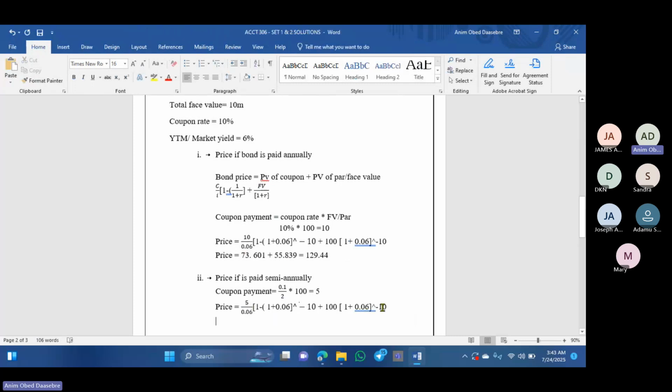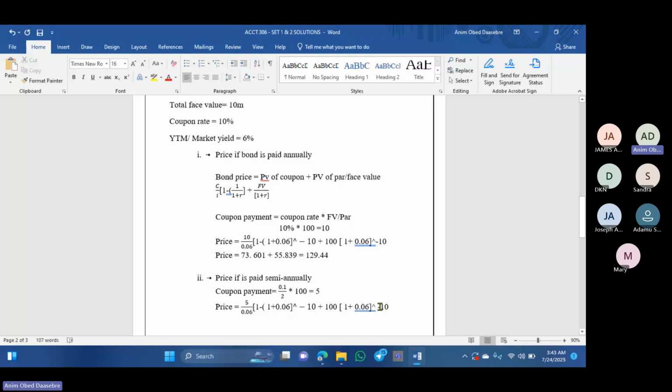So the same thing. Here, we are going to adjust the years. So the years will be multiplied by 2.